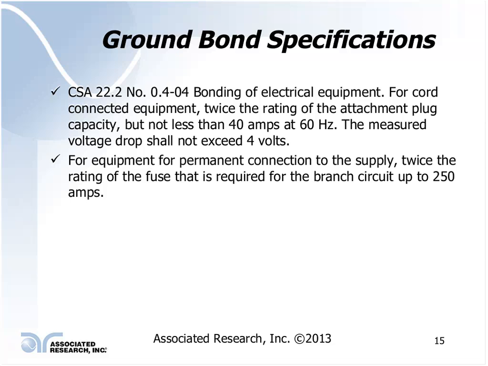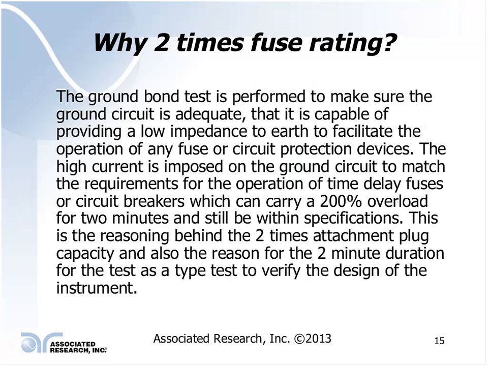For equipment with permanent connections to the supply, twice the rating of the fuse is required for branch circuits up to 250 amps. So this is a requirement based upon Canadian Standards Association test. Why 2 times the fuse rating?